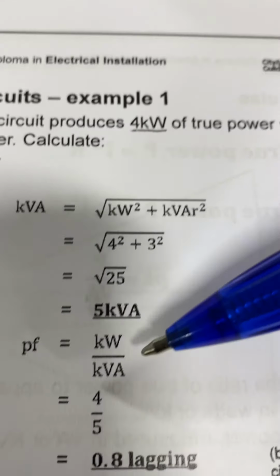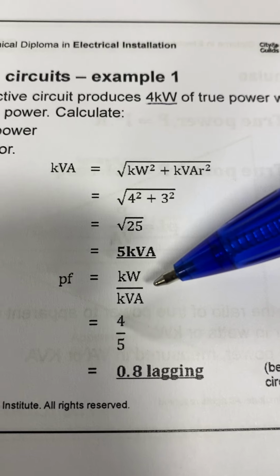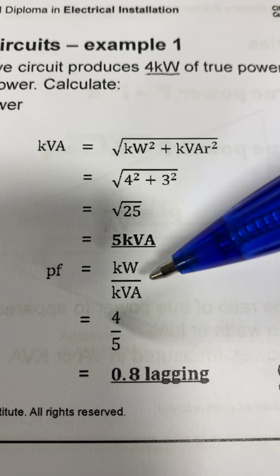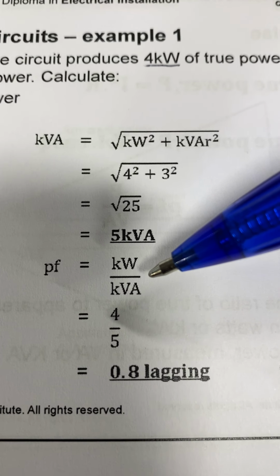So how can I work out my cosine, my power factor? You look confused at the back there. We use the power formula. So it'd be your kilowatt divided by your kVA.